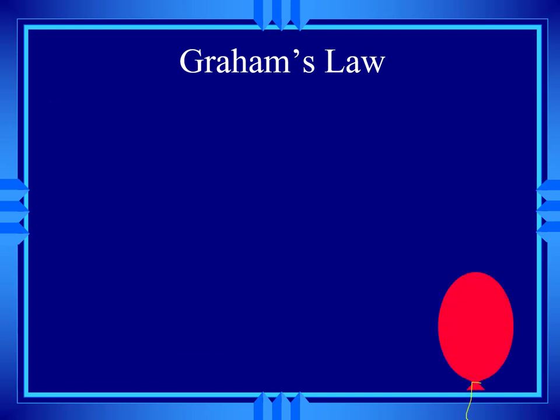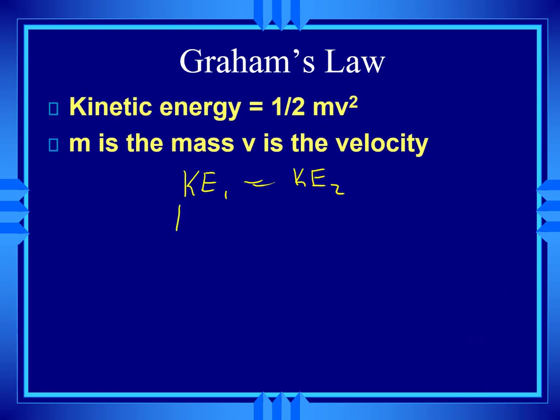So I could write 1/2 m1 v1 squared equals 1/2 m2 v2 squared. Now I can cross out the 1/2s because they cancel out, multiplying through by 2. Now I'm going to gather terms. I'm going to put all the masses on one side and all the velocities on the other.